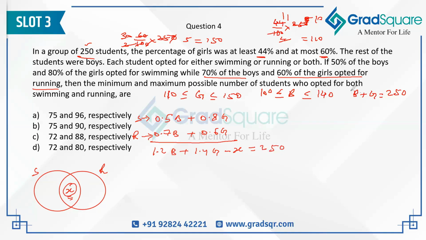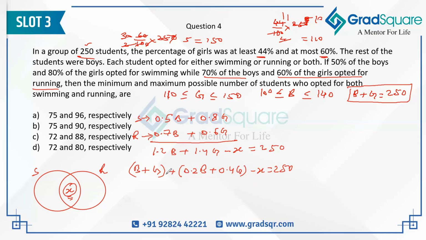We also know b plus g is equal to 250. If I look at it very closely, I would realize that 1.2b plus 1.4g can be written as b plus g over here. So I'm taking 1b and 1g out, plus 0.2b plus 0.4g minus x should turn out to be equal to 250.